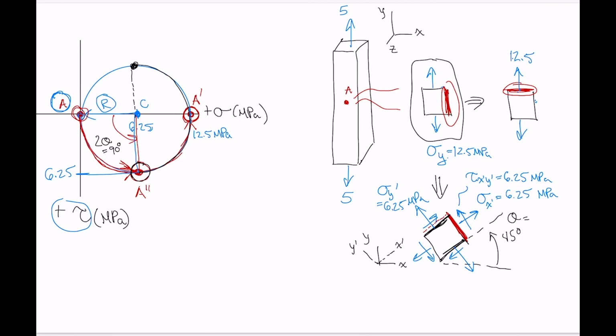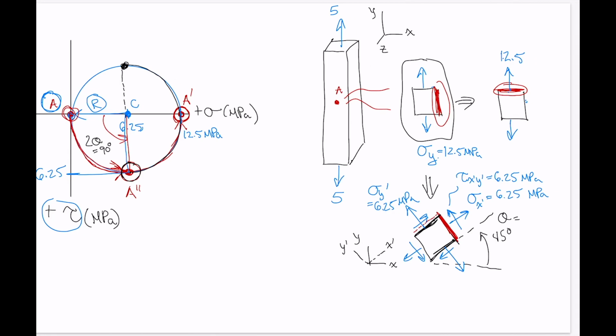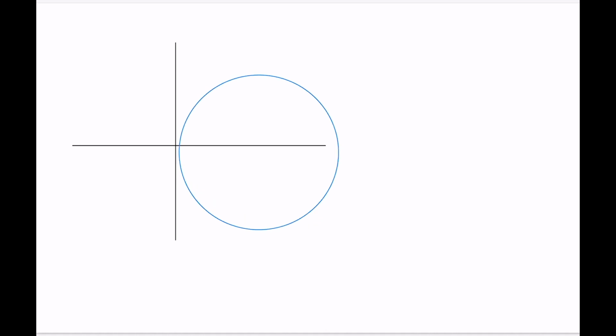Okay, so let me redraw Mohr's circle, and we'll talk about what a couple of different points are called here. So again, try and draw straight lines here. And then our circle went through the origin and around like that.